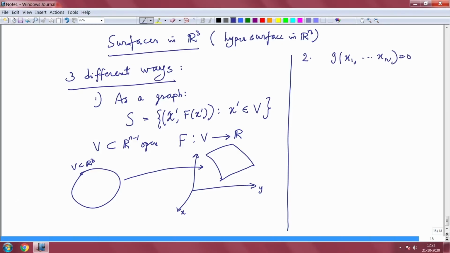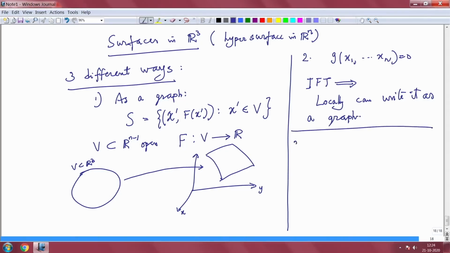And then the implicit function theorem will give you that locally you can write it as a graph. That is the one thing.